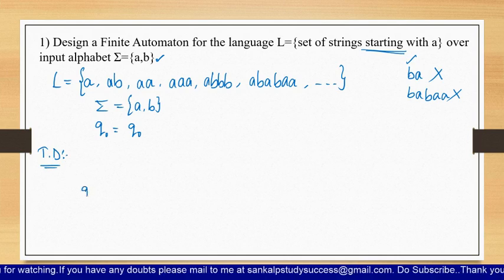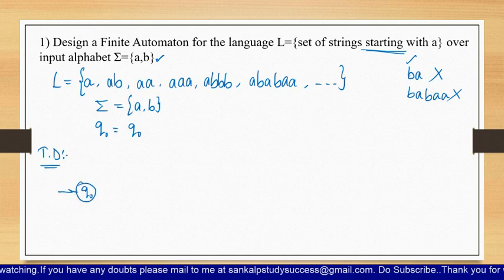So let us start with q0, which is the initial state, because for every problem every string should start its processing from the initial state. We have to design it step by step. So now let us consider A.